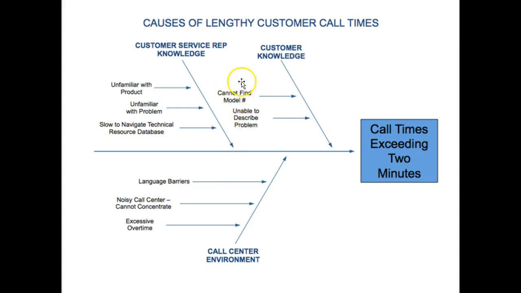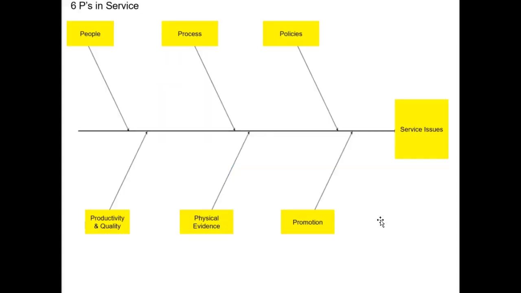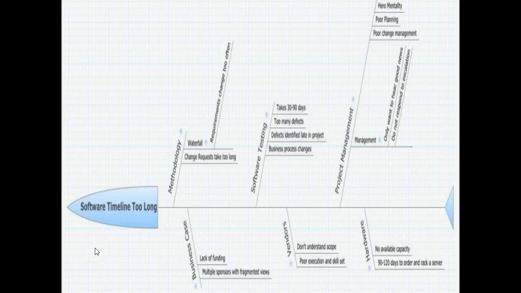Well, if you can't find the model number and you're unable to describe the problem, right, then it's going to be more than 2 minutes because the customer lacks knowledge to be able to explain to the customer service rep taking the call. So here we have service issues, the 6Ps. It could be people, it could be process, policies, promotions, physical evidence, productivity.